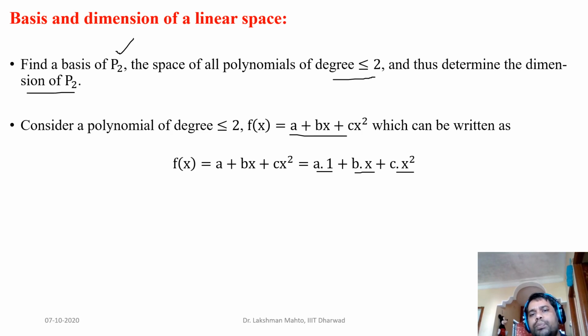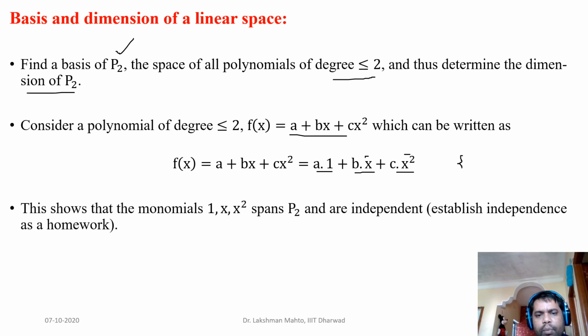So we observe that every polynomial is a multiple of 1, x, and x square. These are monomials. What is the degree of 1? Degree of 1 is 0. Degree of x is 1, so it is a linear monomial, and degree of x square is 2, so it is a quadratic monomial. A monomial is a polynomial having a single term.